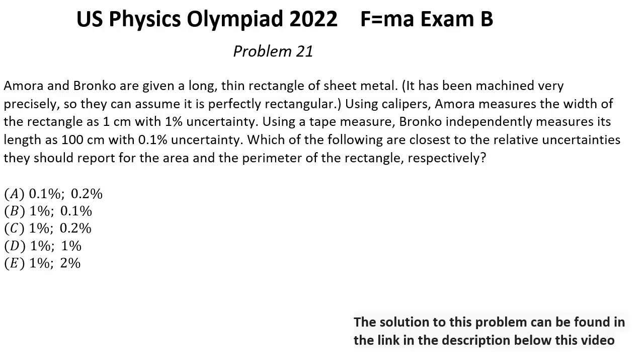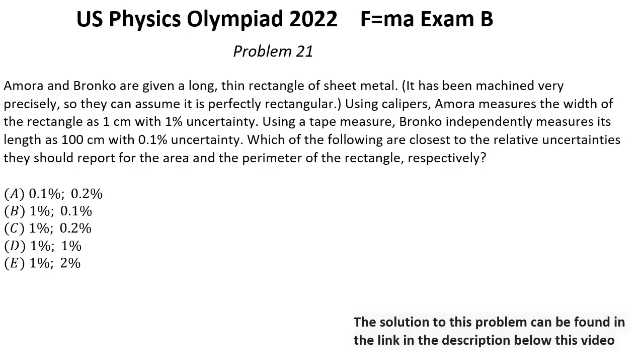Calculating the perimeter involves adding the two measurements, and so the uncertainty in the perimeter depends on the absolute uncertainties of the inputs. Bronco's 0.1 centimeter absolute uncertainty dominates Amora's 0.01 centimeters, so the result carries his 0.1% uncertainty.